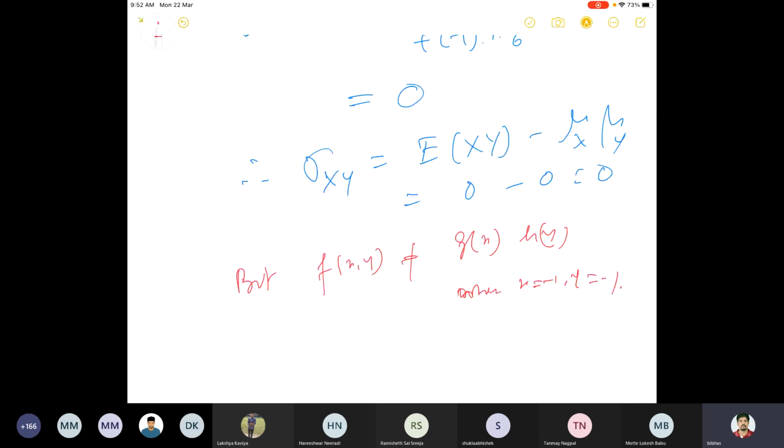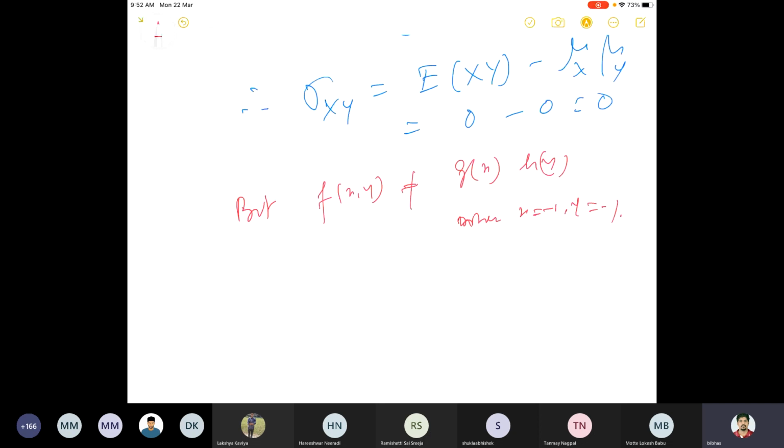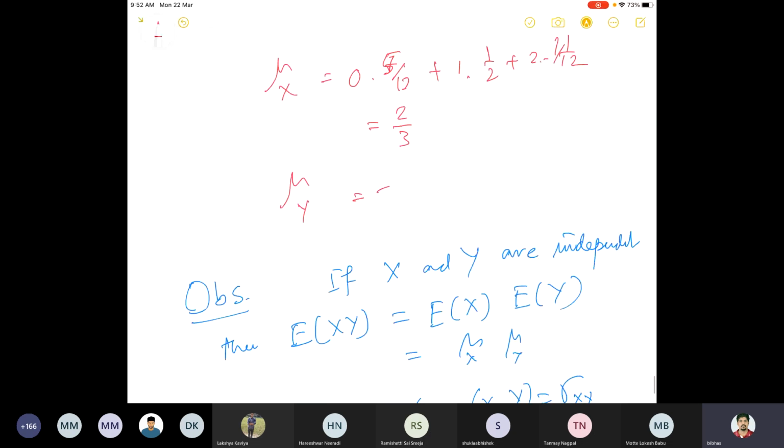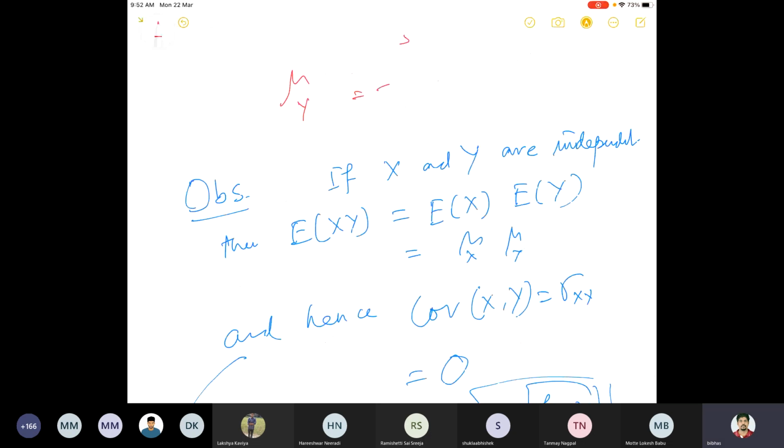Another thing is that I can extend the definition of independence, because when I gave the definition, I said it can also be seen for x1, x2, ..., xn. Here with two independent random variables, the expectation of xy, x times y, is equal to the product of the individual expectations. The same thing can be done for x1, x2, ..., xn.